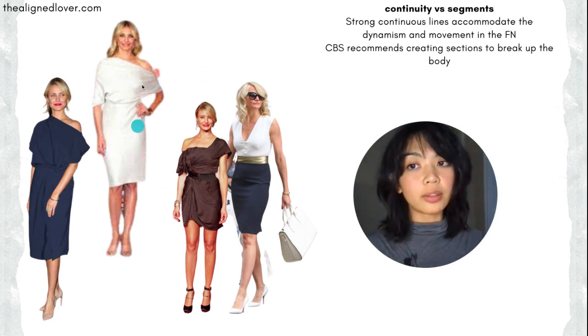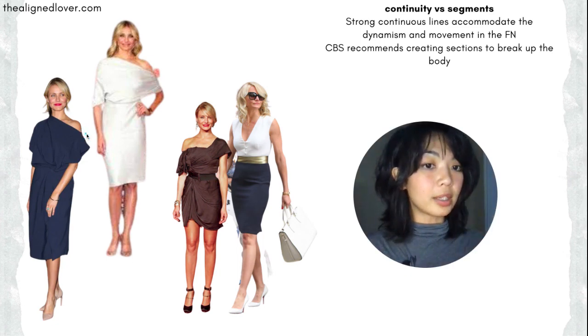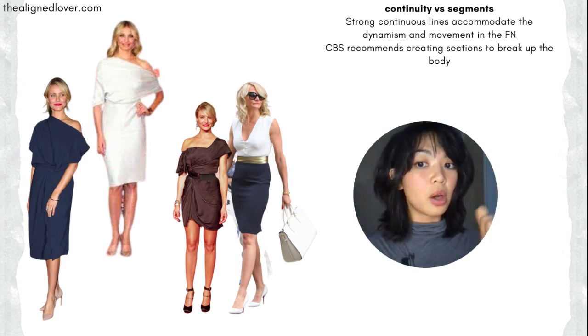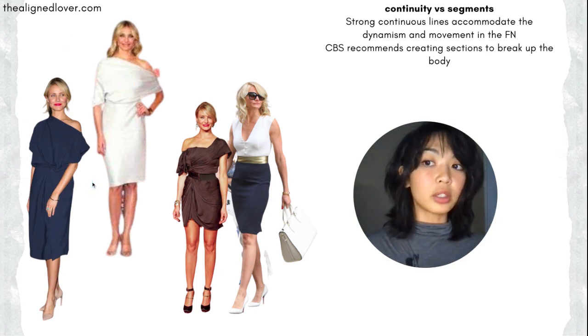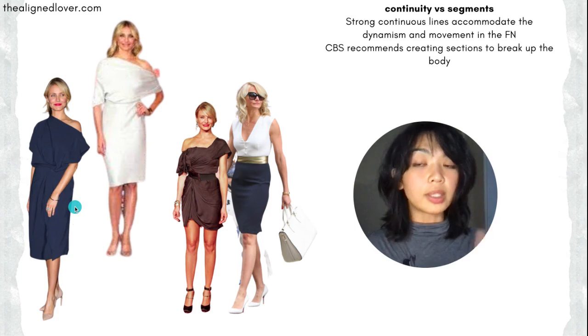So here on the left, we don't see strong blocking, whether it's color blocking, blocking due to strong bold belting. It's quite continuous with a bit of diagonal, with vertical dominating the outfit, and it just looks very free. She looks very lovely. We see Cameron's body being celebrated.